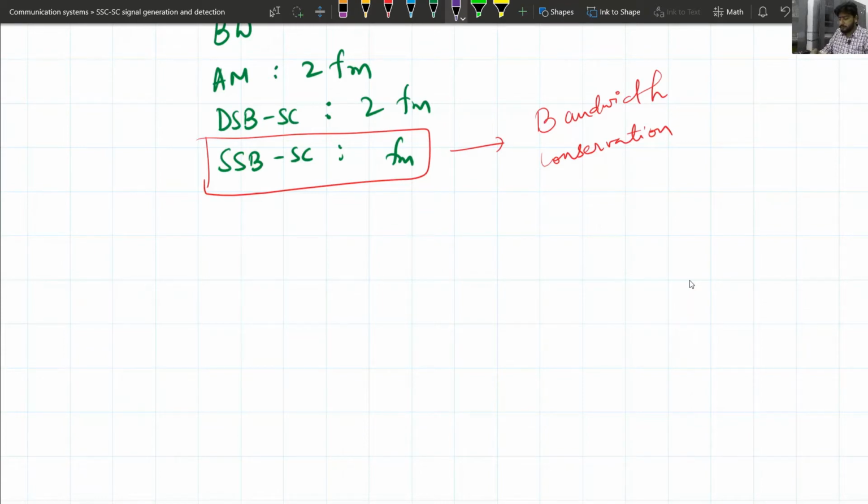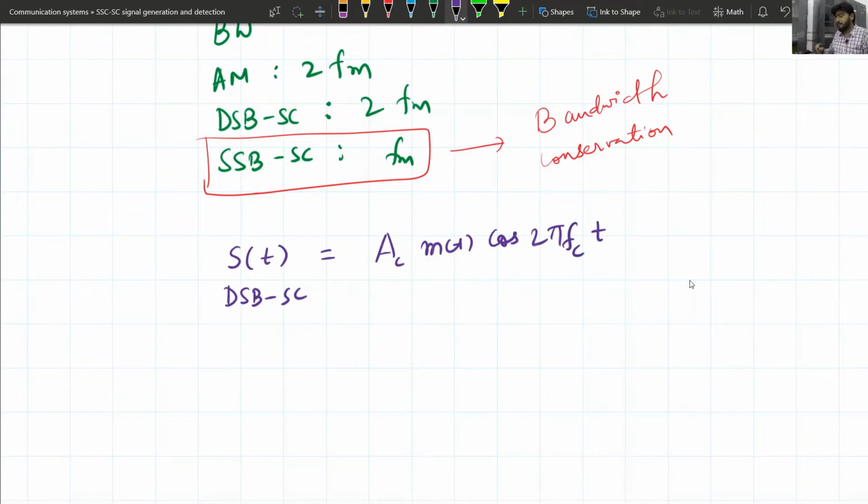Now let us write the equation for the DSB-SC signal, which is given by AC into M(t) cos 2 pi FC t, where all the symbols are standard quantities.